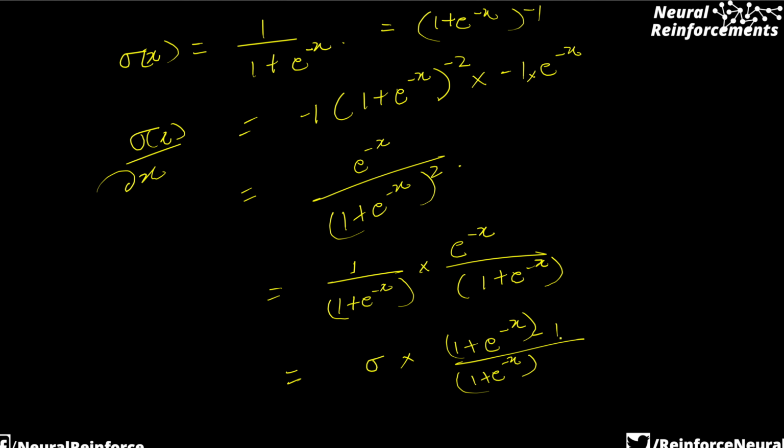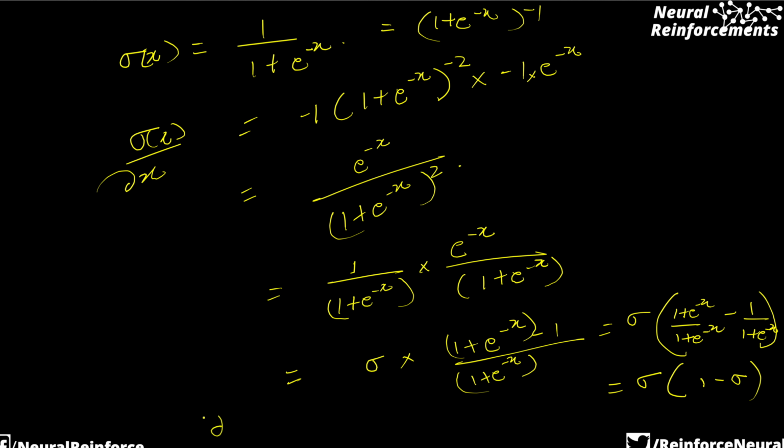If we expand this again, this could be written as sigma outside, and this whole factor could be written as (1 plus e to the power minus x) upon (1 plus e to the power minus x) minus 1 times 1 upon 1 plus e to the power minus x. So this is 1, and this separate. Now if you recognize this, this is again sigma. So sigma times (1 minus sigma) is the differential.